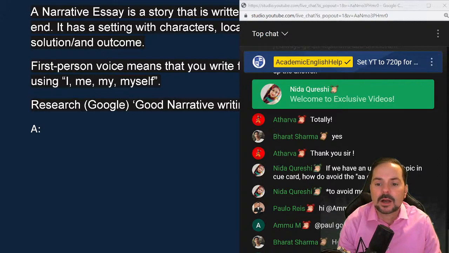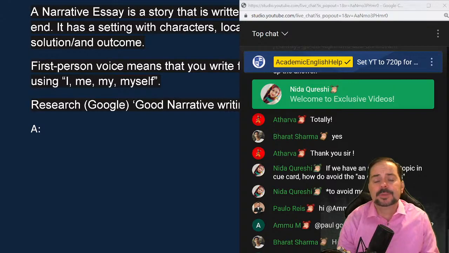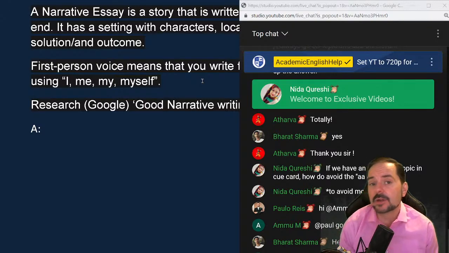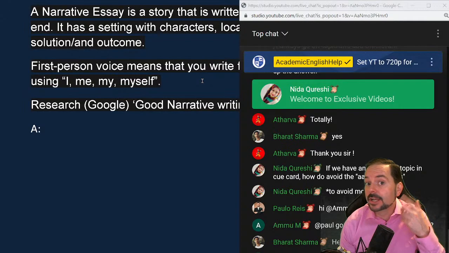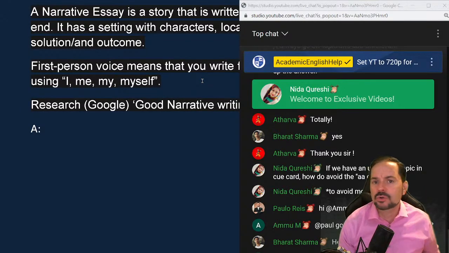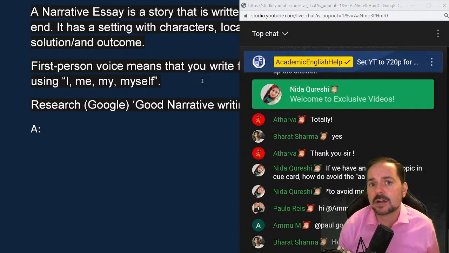In first person. There are lots of techniques for good narrative writing. You have to include lots of sensory language, so sight, smell, hearing, sounds. Like my new job is very noisy. It sounds like a train is going past my office window every morning.